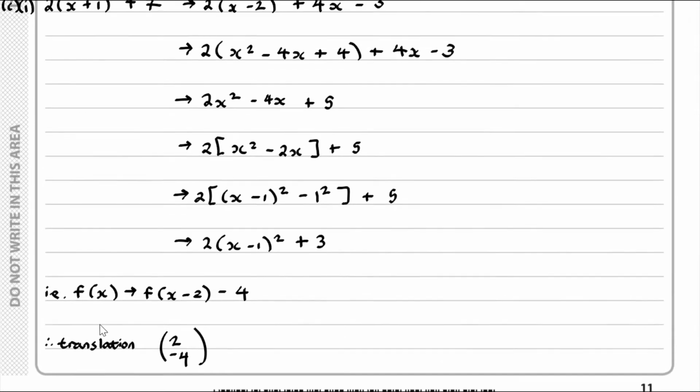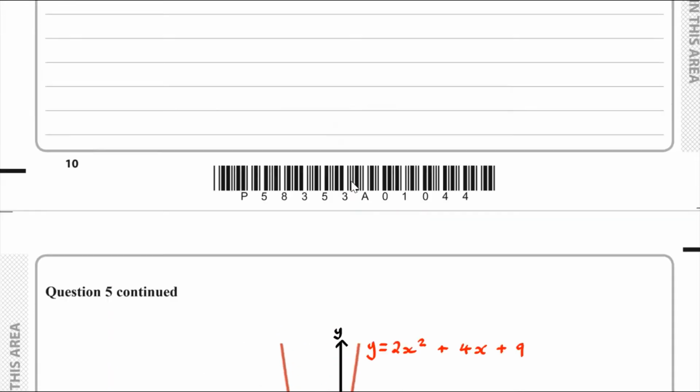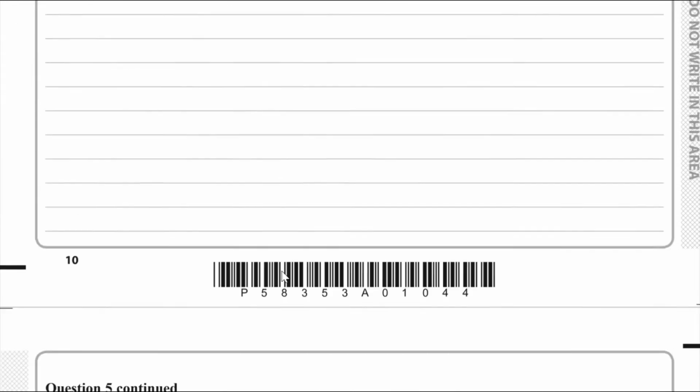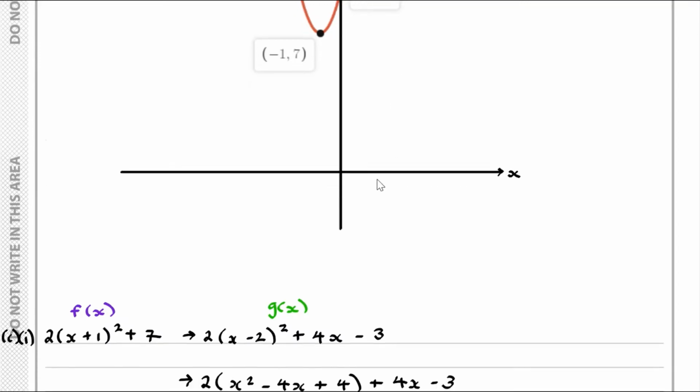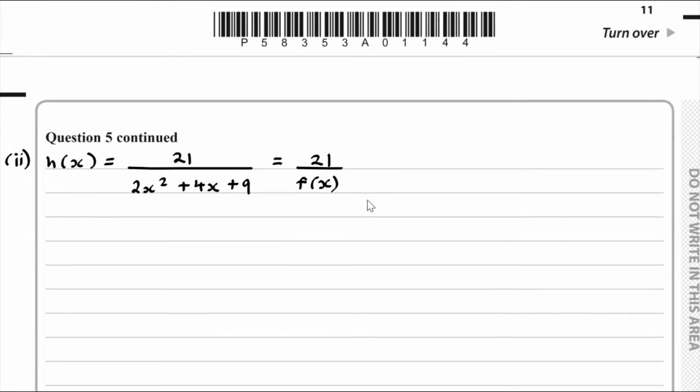And if you look at the graph that we drew for part B, hopefully you can recognize that the range of f(x), that would be f(x) is greater or equal to 7. So let's just write that down. The range of f(x) is f(x) is greater or equal to 7.